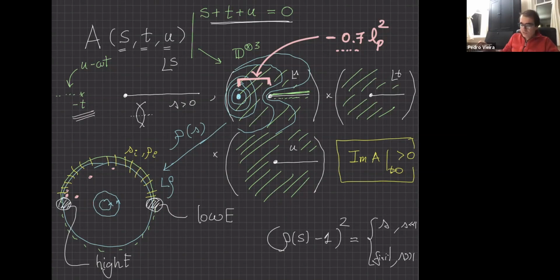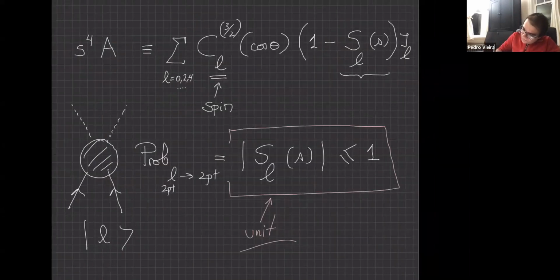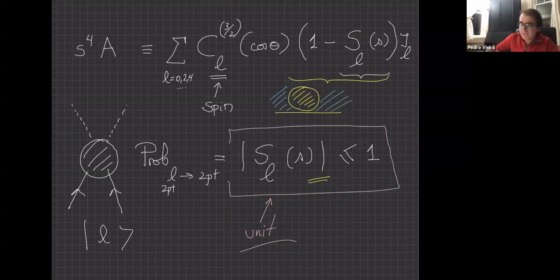Yeah. Thank you. So basically, what's happening is that we are saying that this object here, right? This is the phase shift. Each of them lives inside this circle, right? So the statement that this S is smaller than 1 is the statement that this quantity is inside this circle. In particular, a weaker condition is the statement that it's in the upper half plane, because the circle is in the upper half plane.